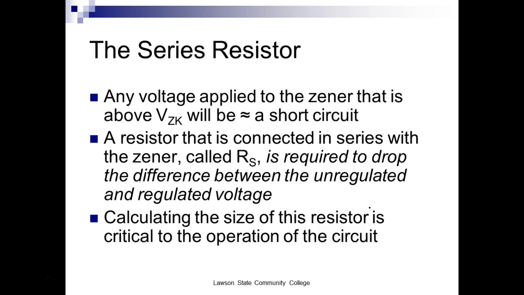A resistor that is connected in series, which we're going to generically call RS, is required to drop the difference between the unregulated and the regulated voltage. Calculating the size of this resistor is critical to the operation. Y'all understand that? Well, that's good. So let's take a break.